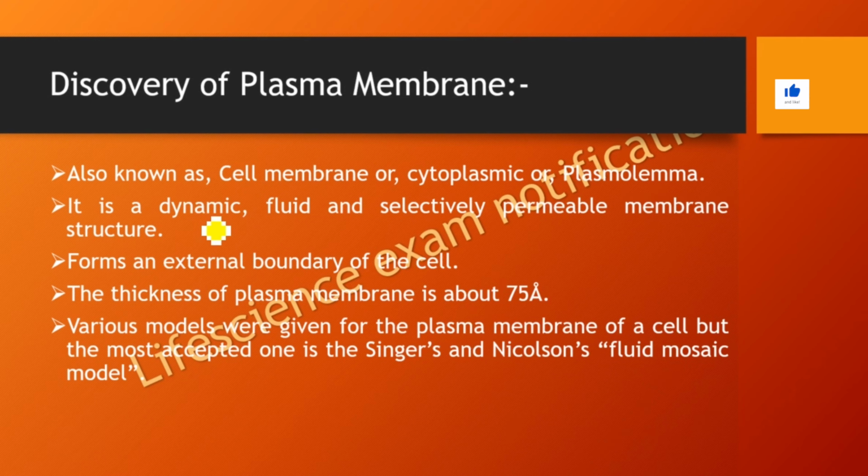In plasma membrane of amoeba, 54% protein is present and 42% lipid and 4% carbohydrate. Next, human erythrocytes contain 52% protein, 40% lipid, and 8% carbohydrate.